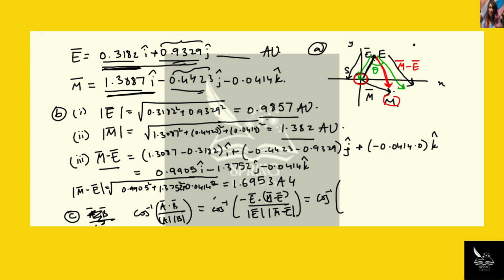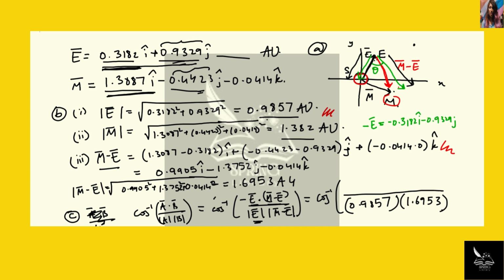Now this turns out to be cos inverse of, we know that mod E is simply 0.9857 from here, and from here we can see that mod M minus E is simply 1.6953. And now we do minus E dot M minus E. First of all, let's write down minus E. Minus E is equal to minus 0.3182 i hat minus 0.9329 j hat.